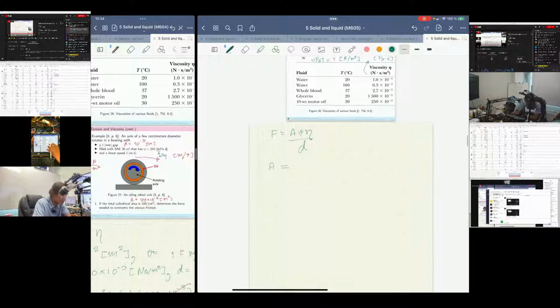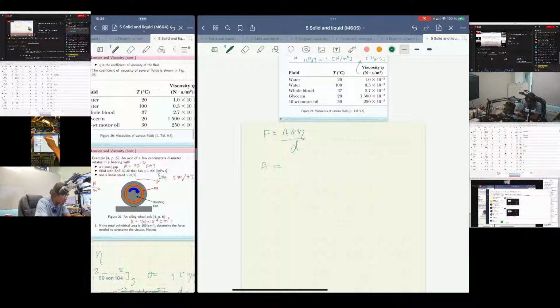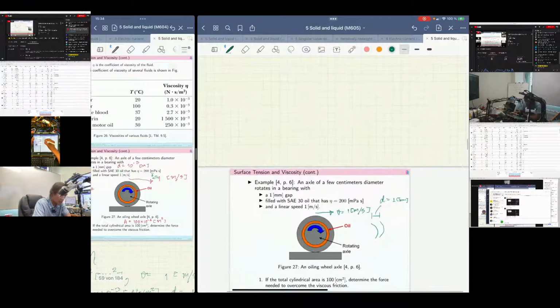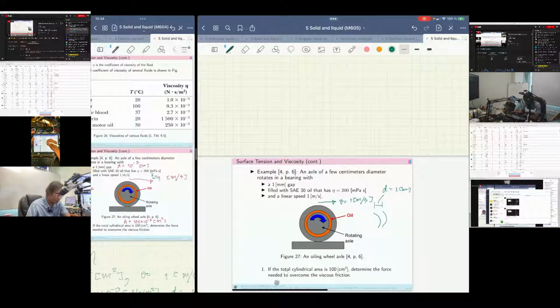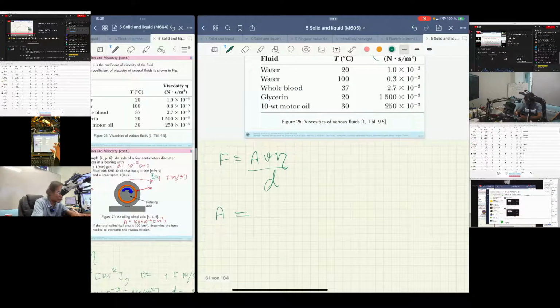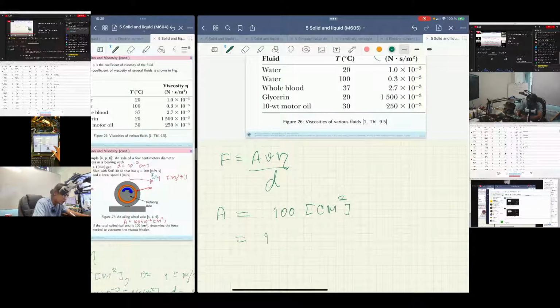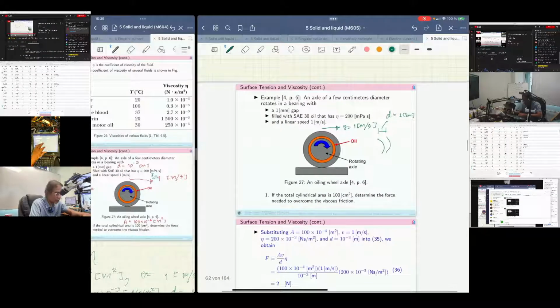If the total cylindrical area is 100 square centimeter, so the area is 100 square centimeter, and it's equal to 100 times 10 to the negative 4 square meter, right?